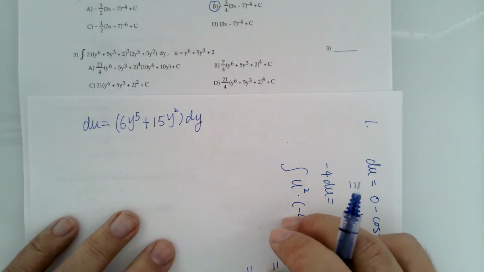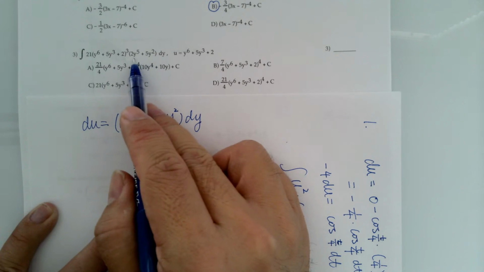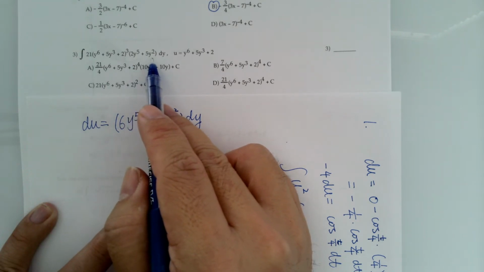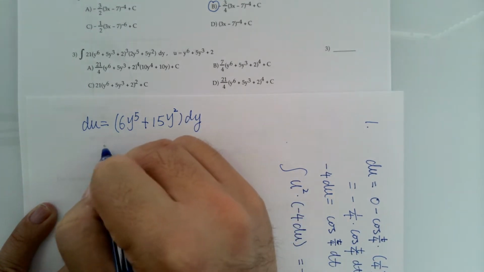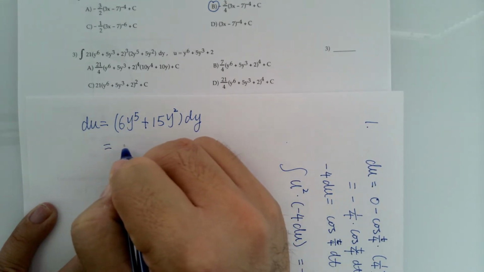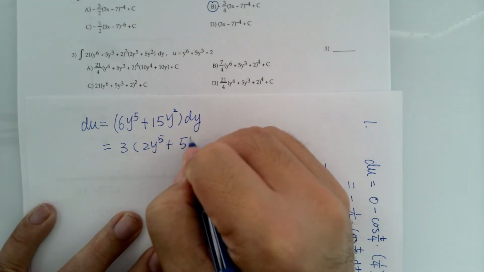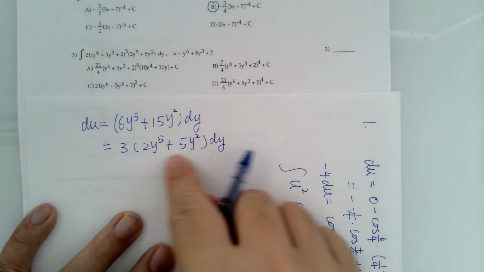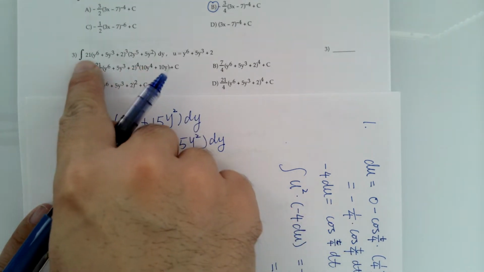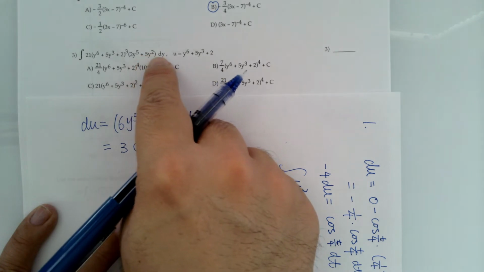So now, if you look at what we have, we got 21 here. We got 2y to the 5th plus 5y squared. But if you look at it here, notice that this is exactly 3 times (2y to the 5th plus 5y squared) dy. So you can see we can split this 21 into 7 times 3.